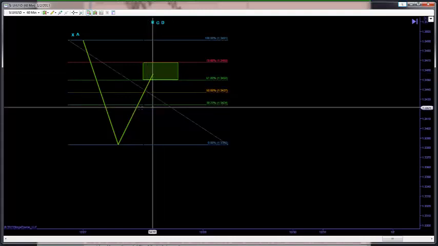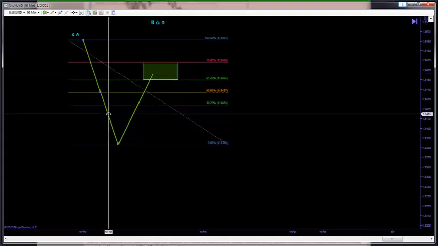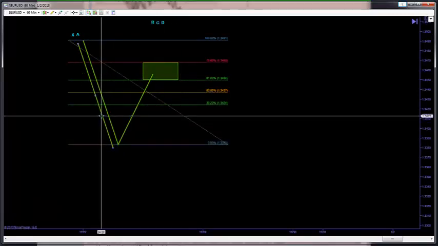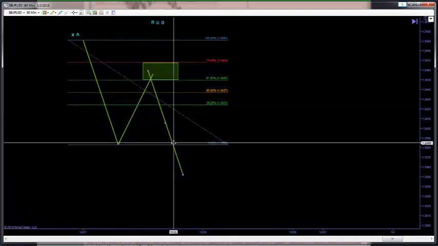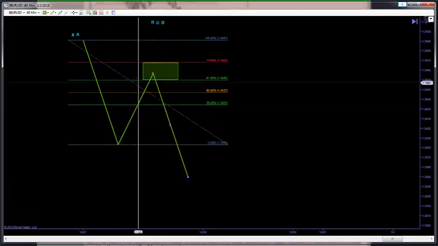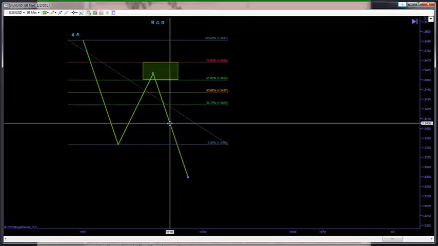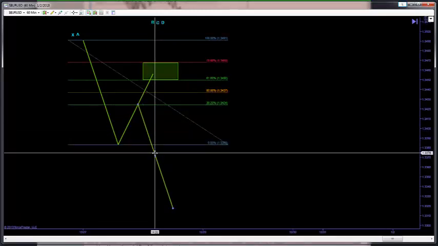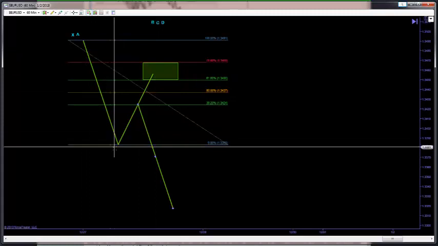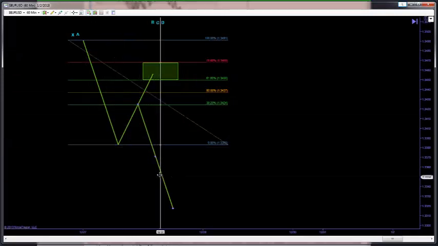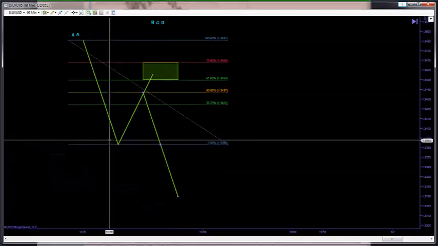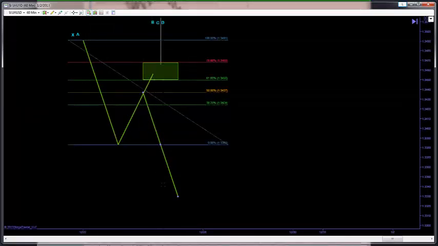Now, in a traditional pattern, we look to replicate a harmonic move of equal distance. This makes it an ABCD pattern. Anywhere outside of this, if it retraces to here, then we're looking at an AB equals CD. If it retraces here, we're looking at an AB equals CD.